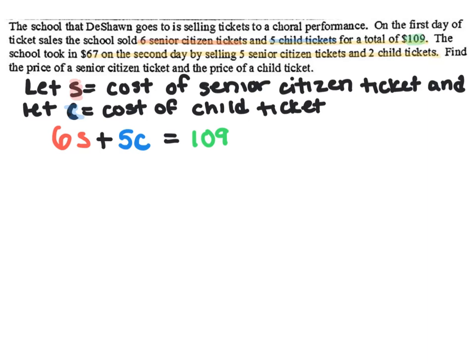So first looking at my senior citizens, I have 5 senior citizen tickets with my S again, so 5S plus my 2 child tickets going with the C again, so plus 2C equals the total of 67.